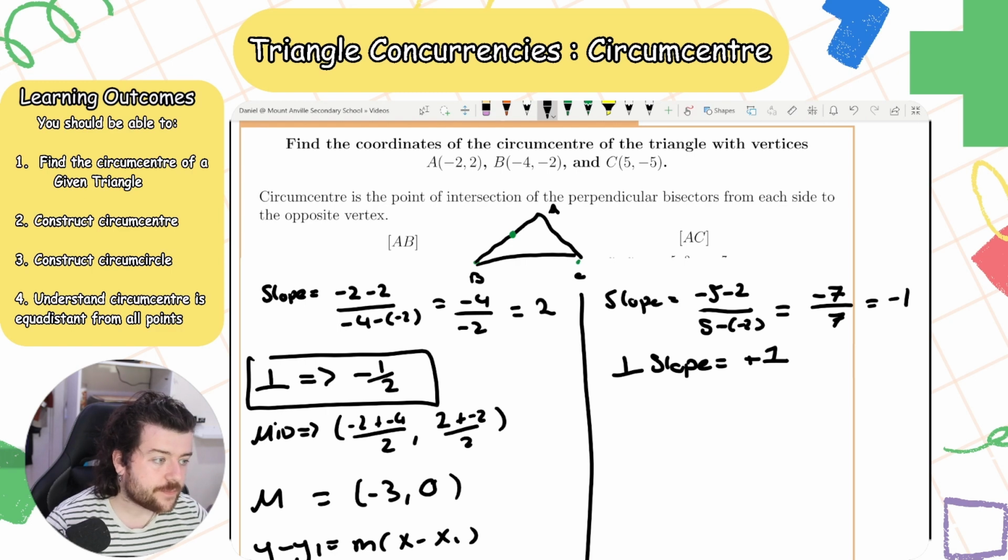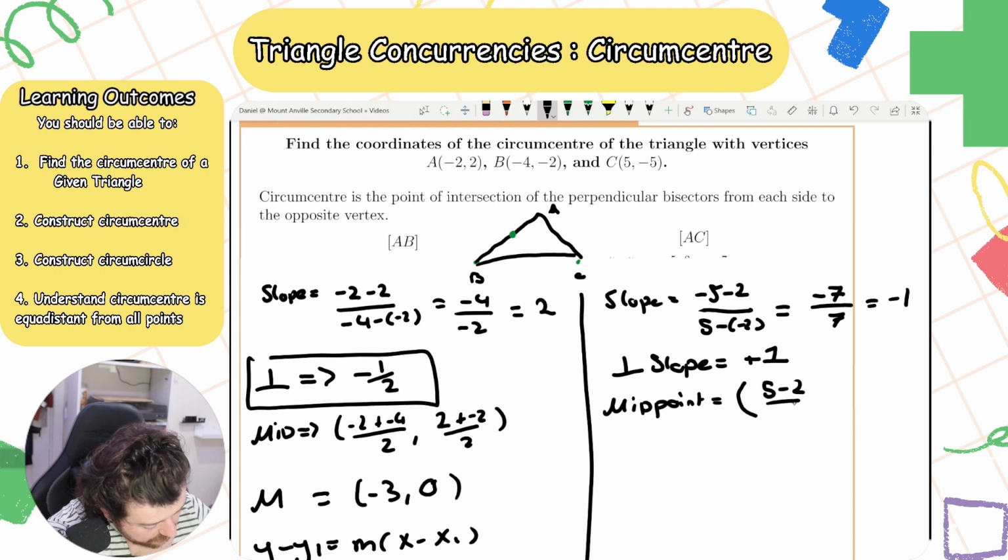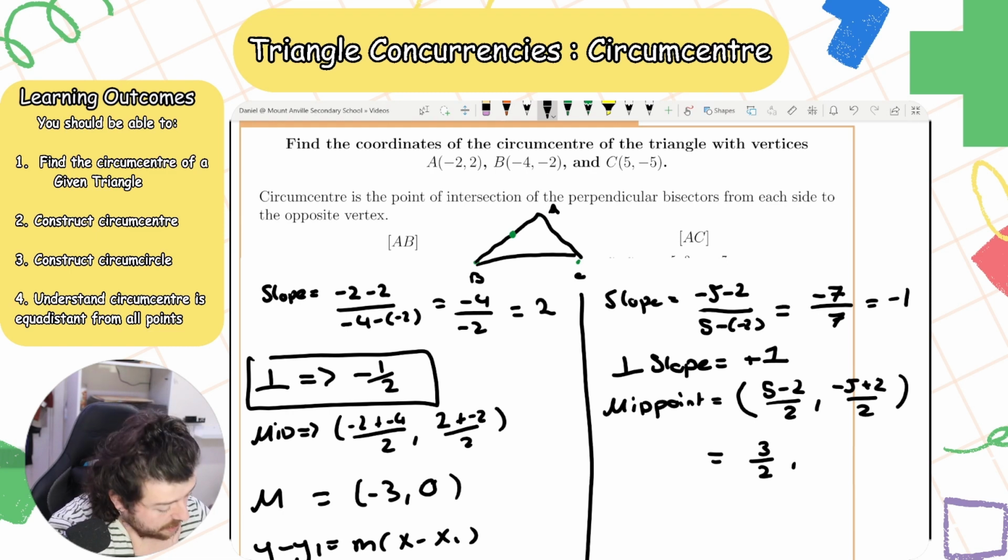And then my midpoint is going to be 5 minus 2 divided by 2, and then -5 plus 2 divided by 2. My midpoint is going to be 3/2 and -3/2.